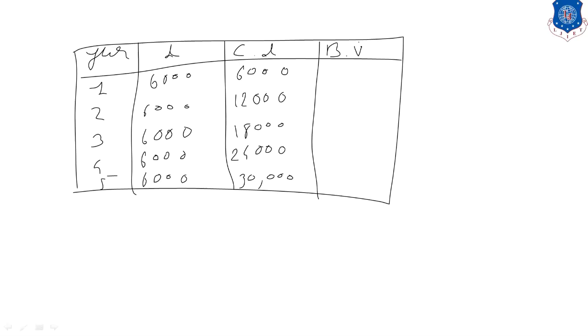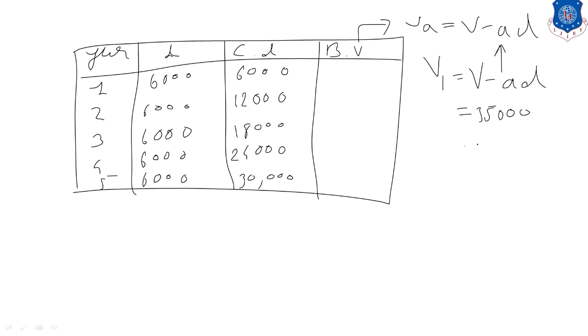Book value formula can be given by V_a is equal to V minus a into D, where a stands for the respective year. So if I want to find out the book value at first year, then V1 is equal to V minus a into D. V, which means original value of equipment, is $35,000 minus a, which is 1 year.